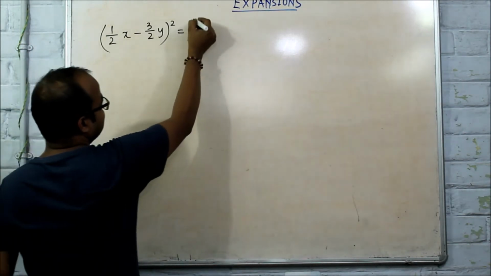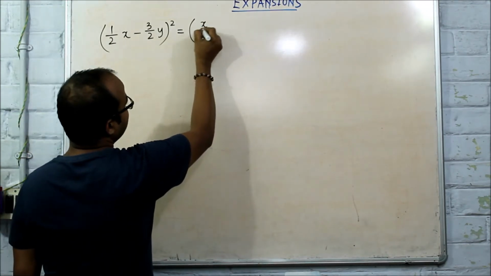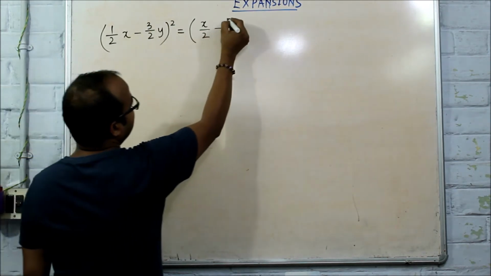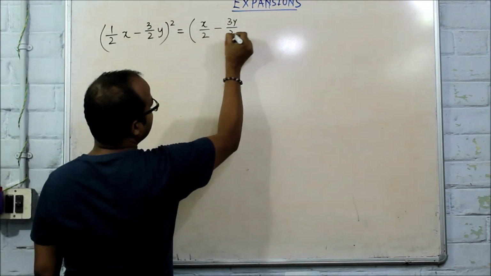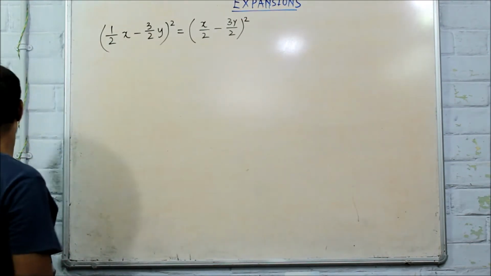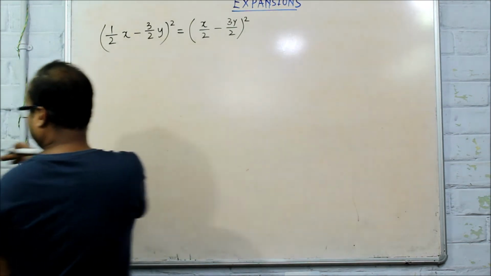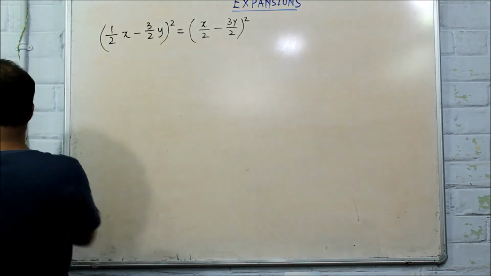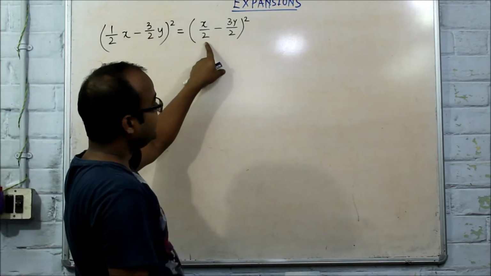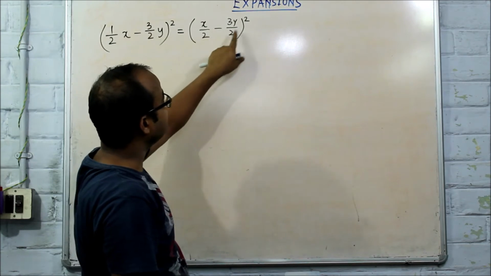First I write the term 1 by 2 into x as x by 2, and 3 by 2 into y as 3y by 2, whole square. Clear? Now here I am going to apply the formula of a minus b whole square.